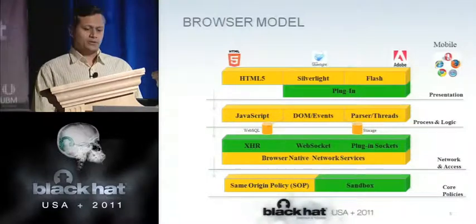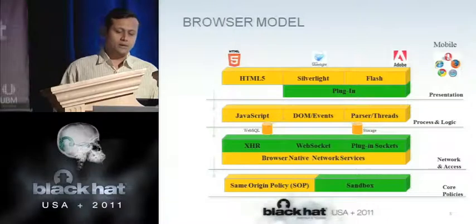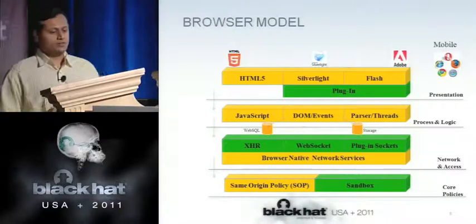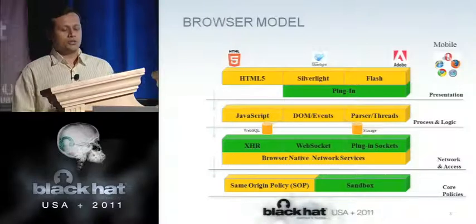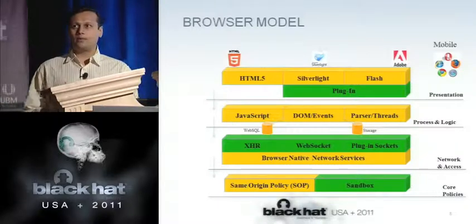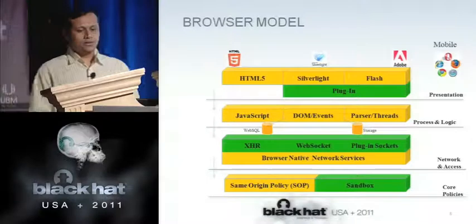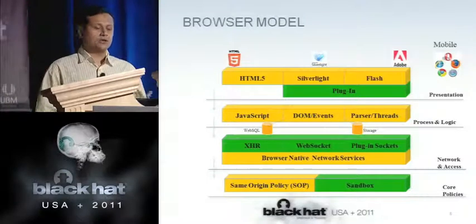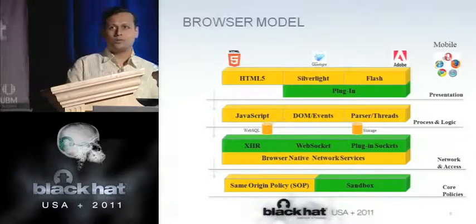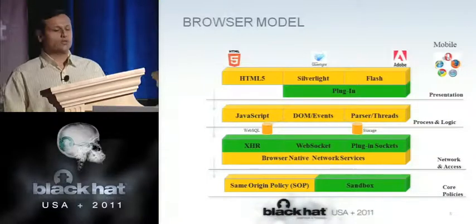And topping up is the presentation layer, where there are 3 important stacks: HTML5, Silverlight, and Flash. HTML5 is native to the browser, while Silverlight and Flash need a plugin beneath to run. And pretty much all these technologies are supported across browsers. With HTML5, some browsers support some set of technologies, others do not.